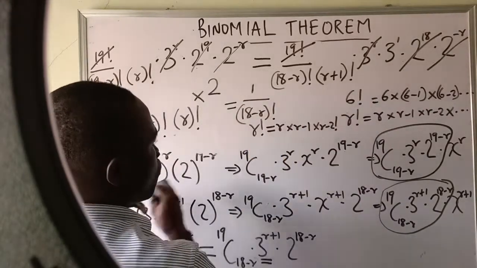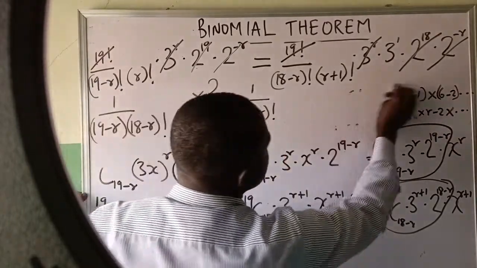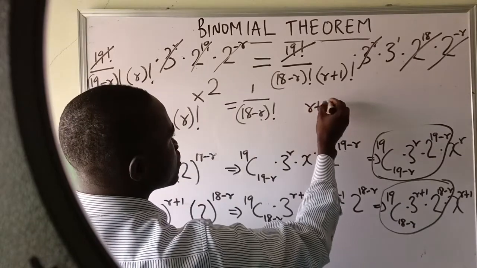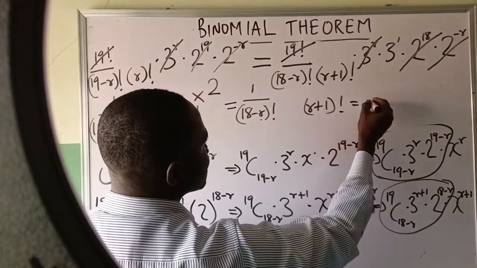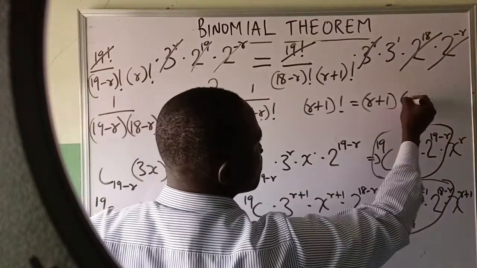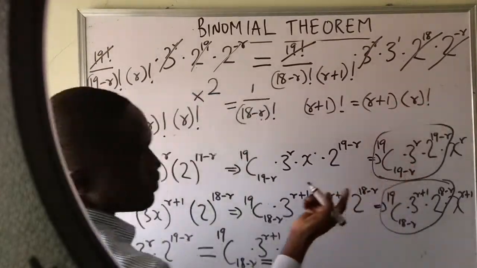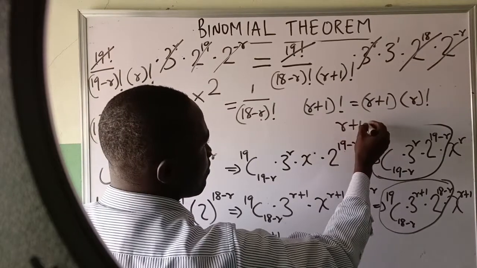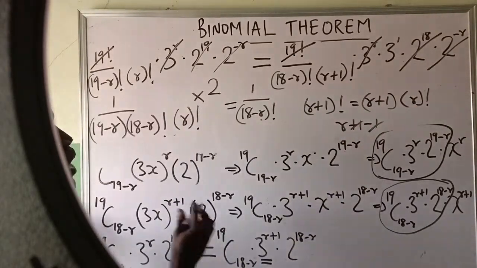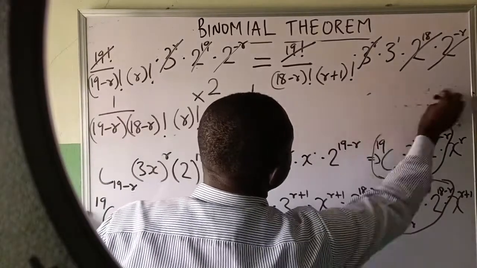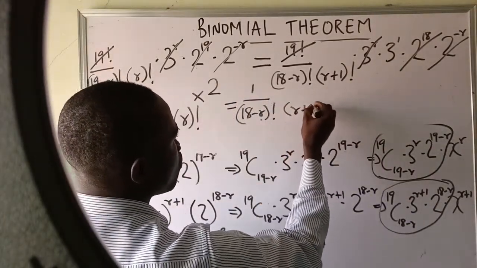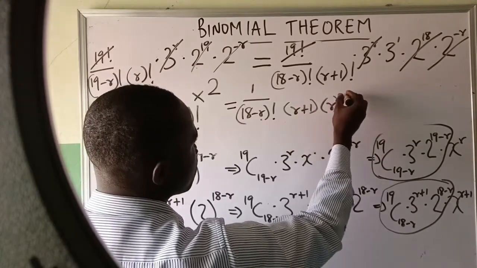Now, when you talk about r plus 1 factorial, it is the same thing as writing r plus 1 times r factorial, because r plus 1 minus 1 will give you r. So what you now do is open this factorial, bracket r plus 1, bracket r factorial.